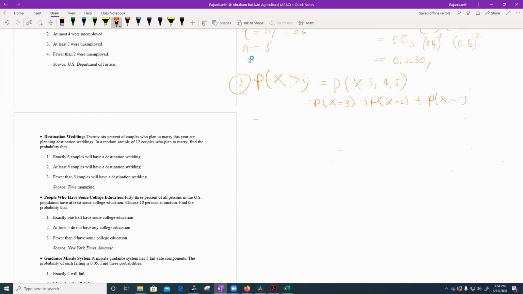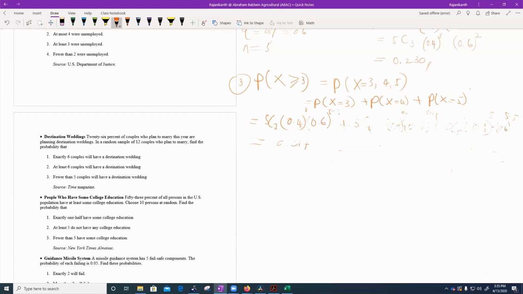So P(x=3) is 5 choose 3, 0.4 to the power 3, and q is 0.6 again, to the power 5 minus 3, plus the second probability, 5 choose 4, 0.4 to the power 4 times 0.6 to the power 5 minus 4, plus the last probability, 5 choose 5 times 0.4 to the power 5 and 0.6 to the power 5 minus 5. Take your calculator and simplify. If you do it correctly, you should get 0.317.